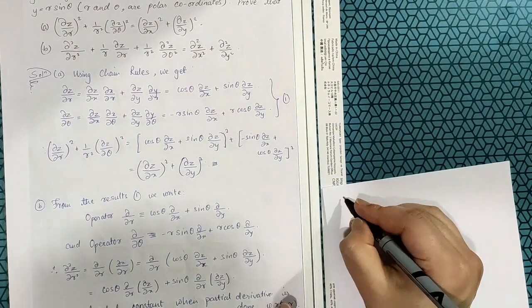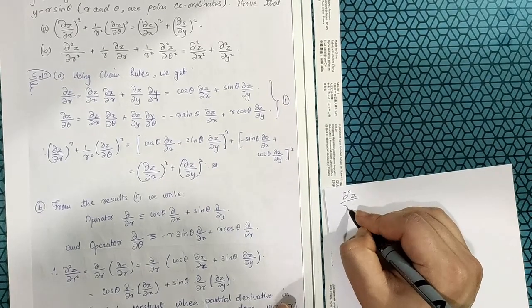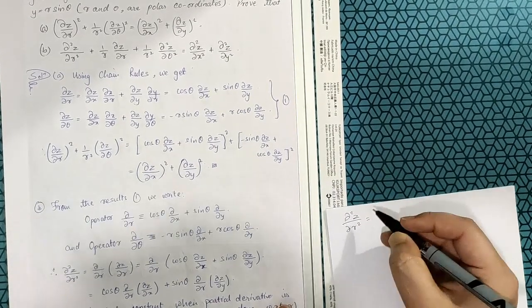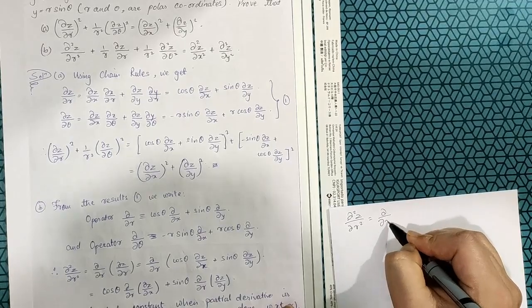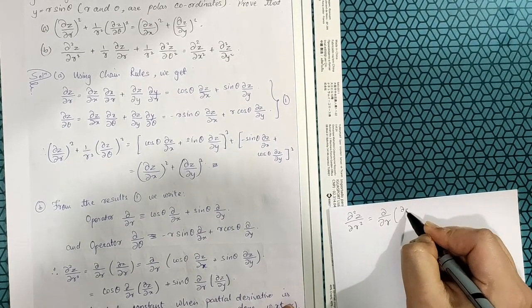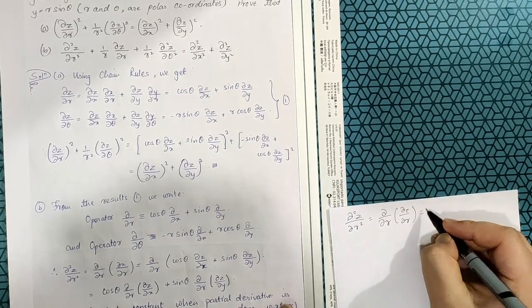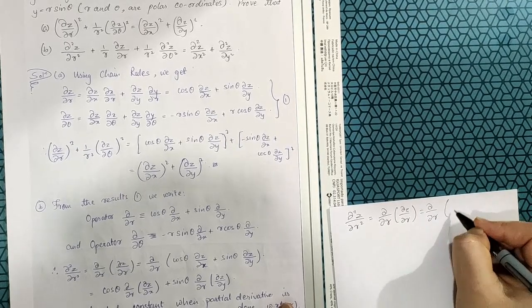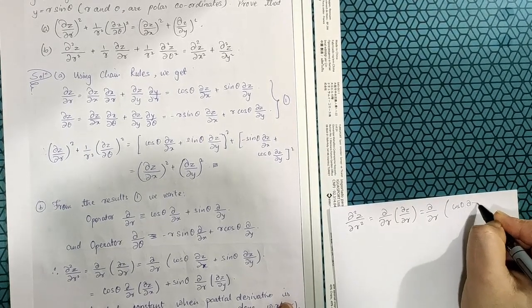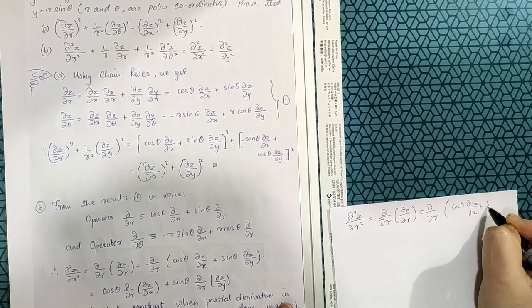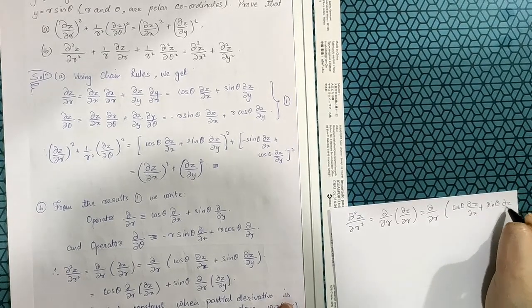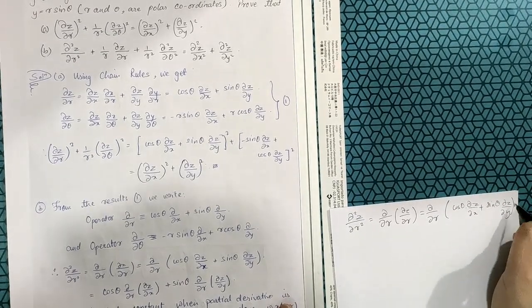So after this we need to find ∂²z/∂r². So obviously this is ∂/∂r of ∂z/∂r, which is ∂/∂r of (cos θ ∂z/∂x + sin θ ∂z/∂y).